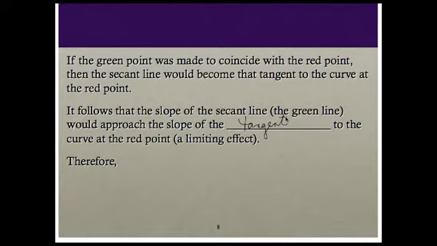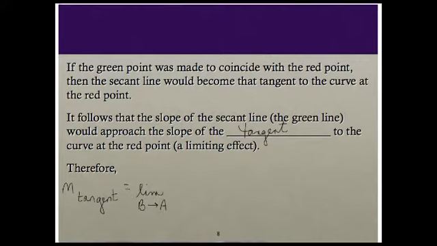So let's try to summarize this using some of the limit notation we've talked about. And we know that we're trying to come up with some way to find the slope of the tangent. So let's start with a more geometric kind of take on it. We're trying to do a limit as that point B approaches A. So let's go back to the diagram for a second.